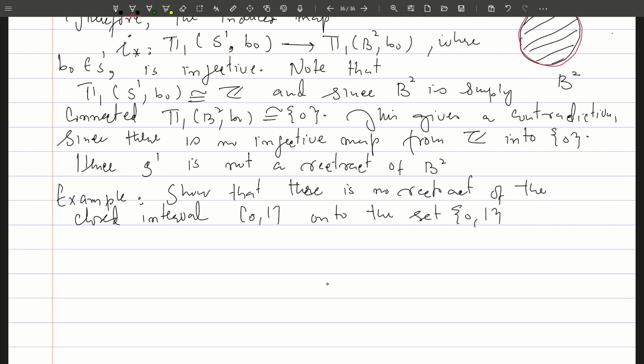This is simply connected, and this set is just the boundary of this set. So this proves our result.